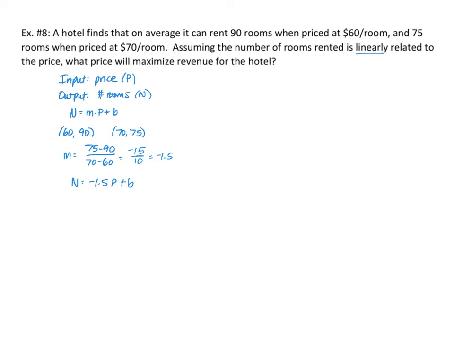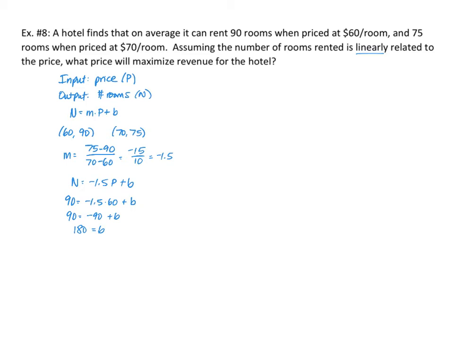So pick one of our points. I'm going to use the first one. So 90 equals negative 1.5 times 60 plus our b. So I have 90 equals negative 1.5 times 60 is negative 90 plus b. And adding 90, we have 180 is equal to b.